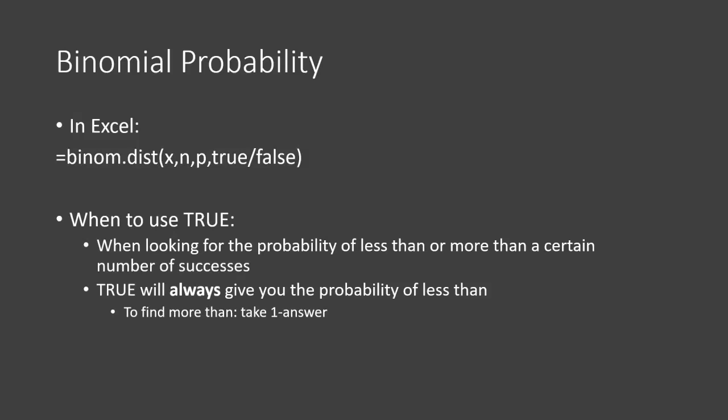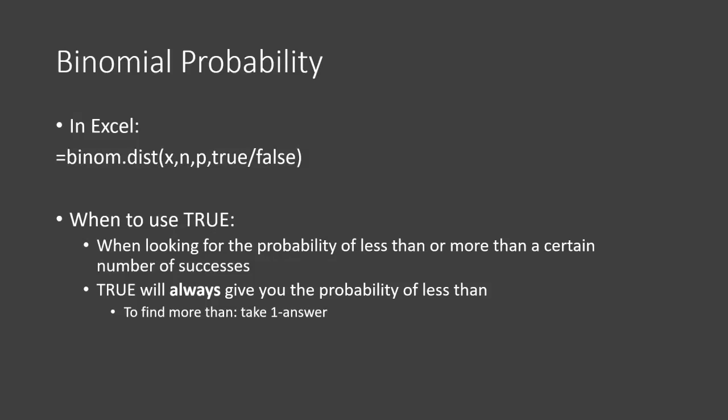So when do you use true? You'll use true if you're looking for the probability of less than or more than a certain number of successes. Now, true will always give you the probability of less than. It'll give you the probability of your X value and fewer.